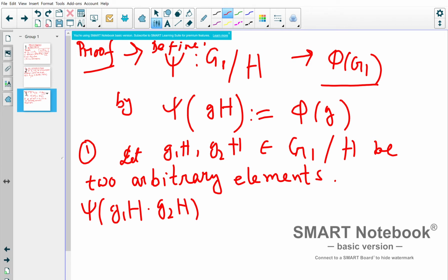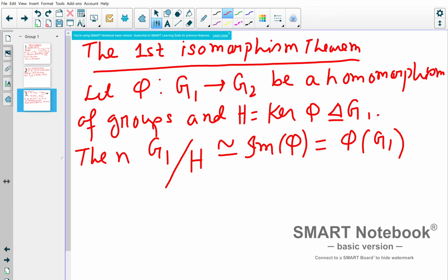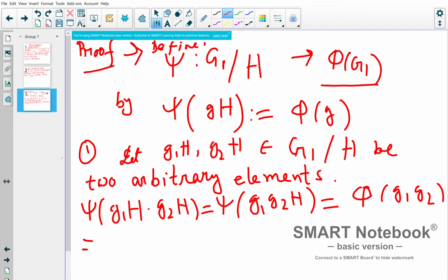What is the image of this thing? By definition of the product of cosets, it is nothing but psi of G1G2H, right? But by definition of psi, it's nothing but phi of G1G2. But you know that phi is a homomorphism, it is given. Now if you use the property of homomorphism, then you'll have phi of G1 and phi of G2.